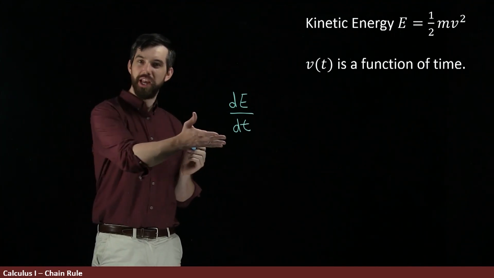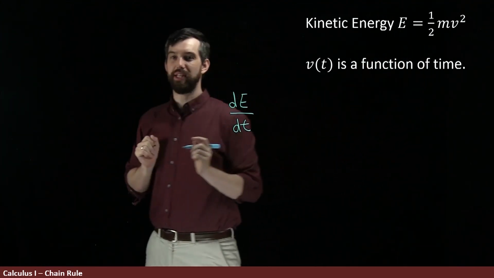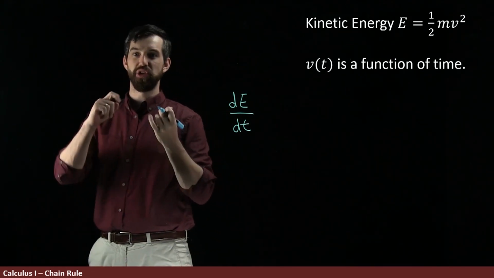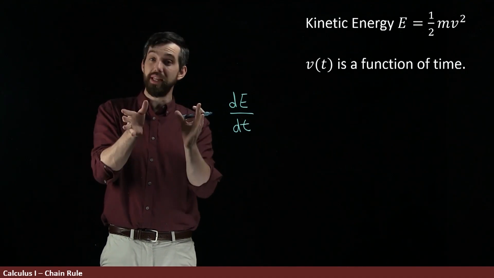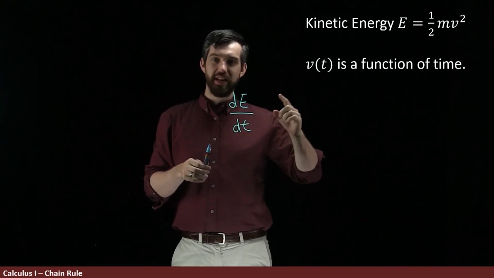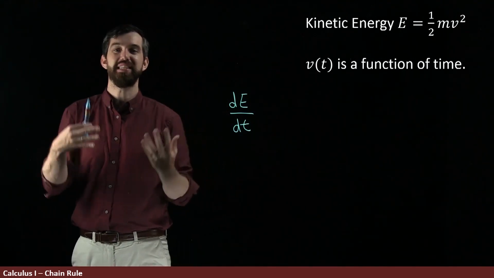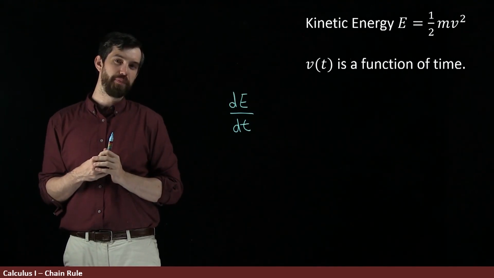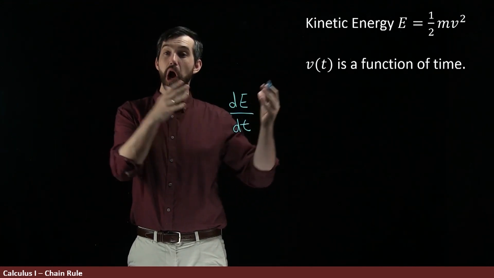Now, what the chain rule is going to say is that there's not a t explicitly in the kinetic energy formula. It depends on m, which we're treating as a constant, and on the velocity, but there's no t immediately. It's only because the velocity is itself a function of t that the t sneaks its way into the kinetic energy formula. So I'm going to apply the chain rule to this composition.